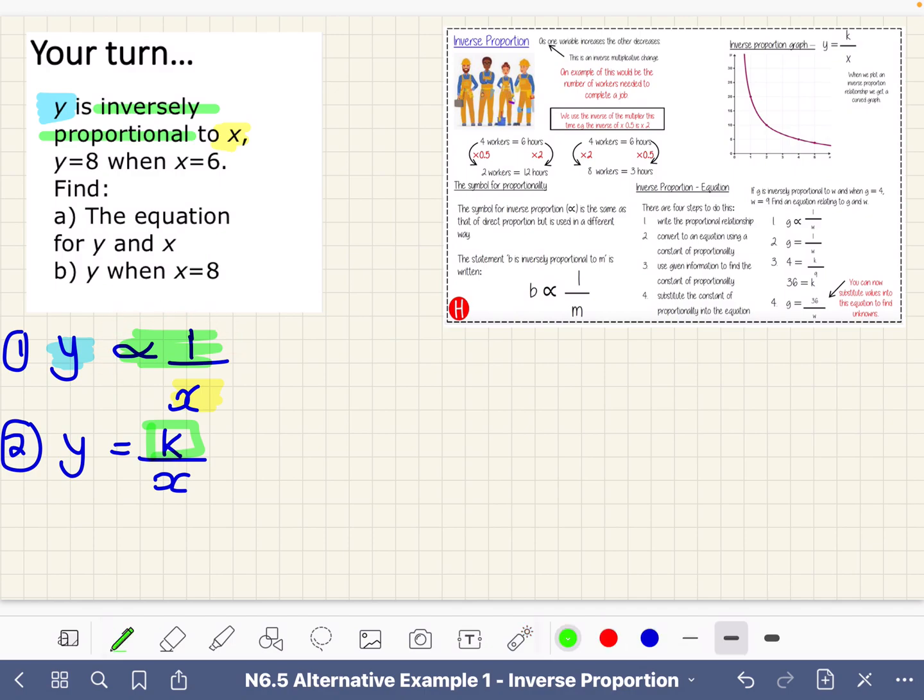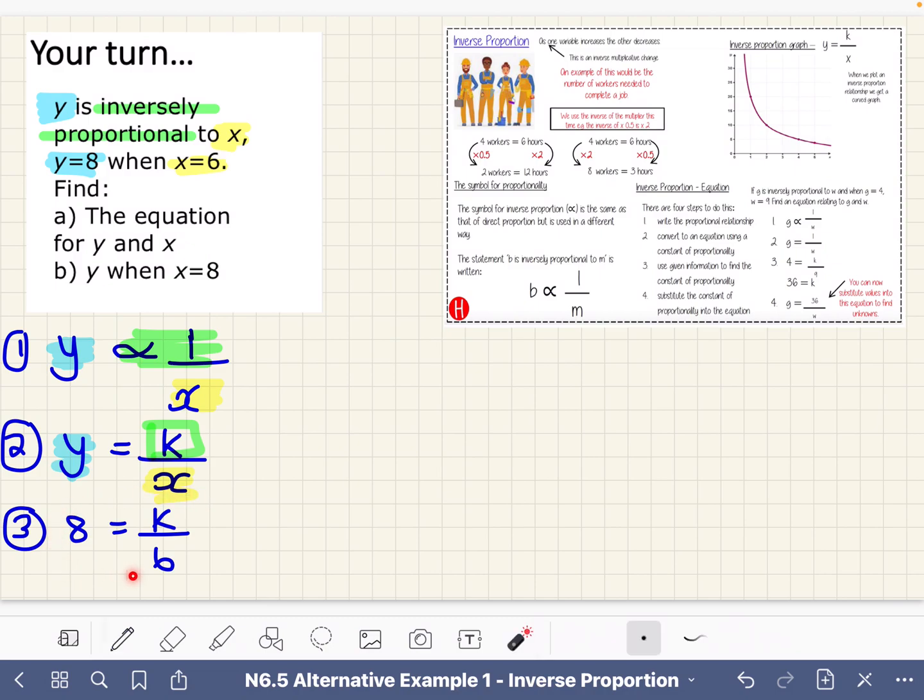Step 3 is to substitute our values in for y. Now we can see that y is equal to 8 and x is equal to 6. That means we have got 8 is equal to k over 6.